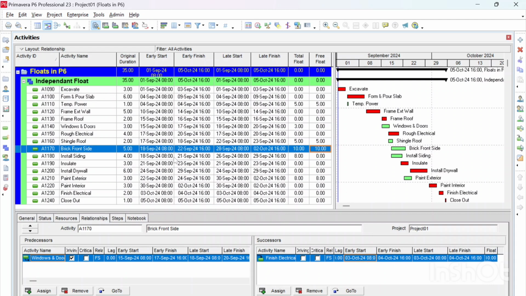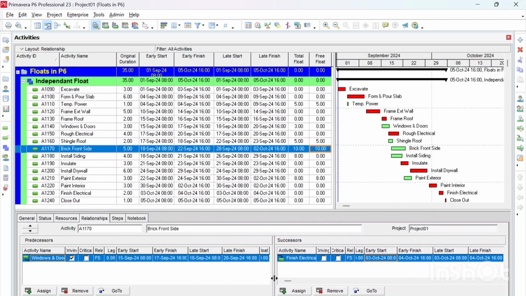If we look at the predecessor case, we look at the late dates.